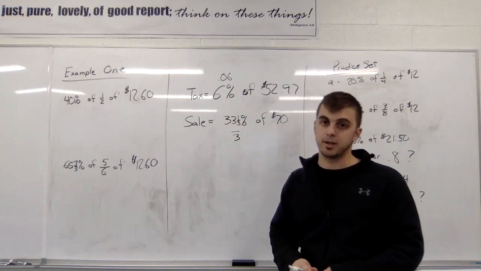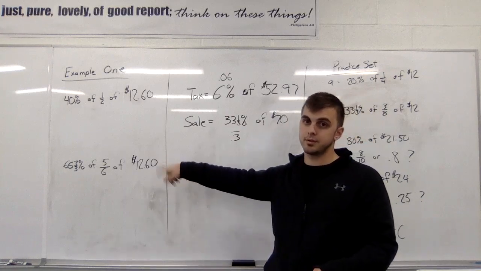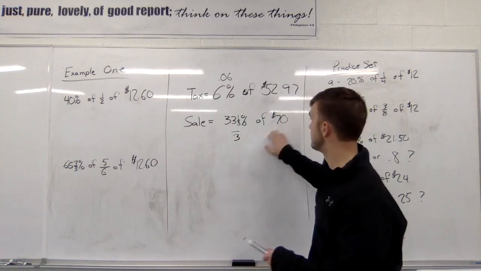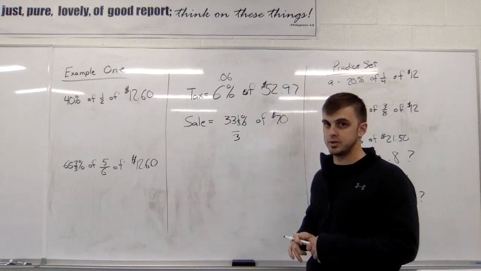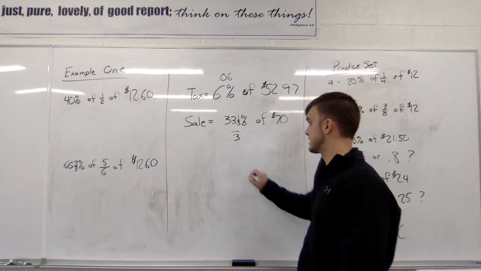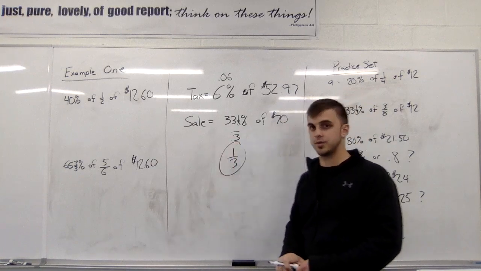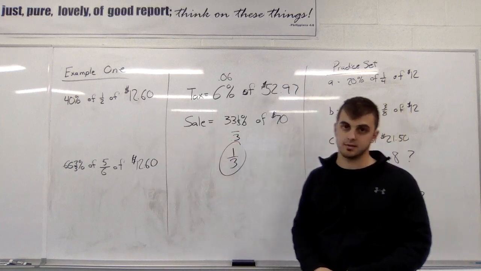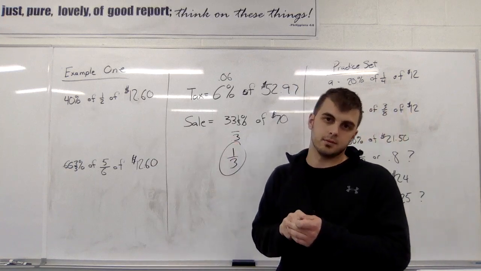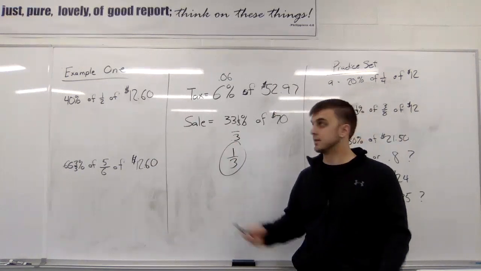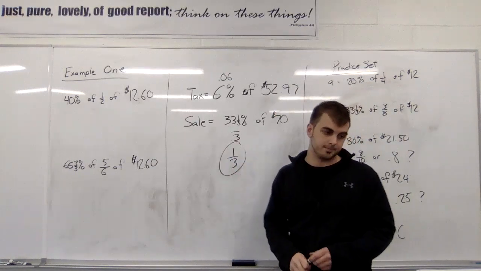Nobody's going to be punching 0.33333333333 until your calculator tells you you can't put any more threes in, times $70. What are you going to use instead? What is 0.3 repeating? It's 1/3. So there you go. You would use 1/3 for that. 1/3 of $70 is, you can figure that out. Put 1/3 in your calculator times 70 instead of 33 1/3%.